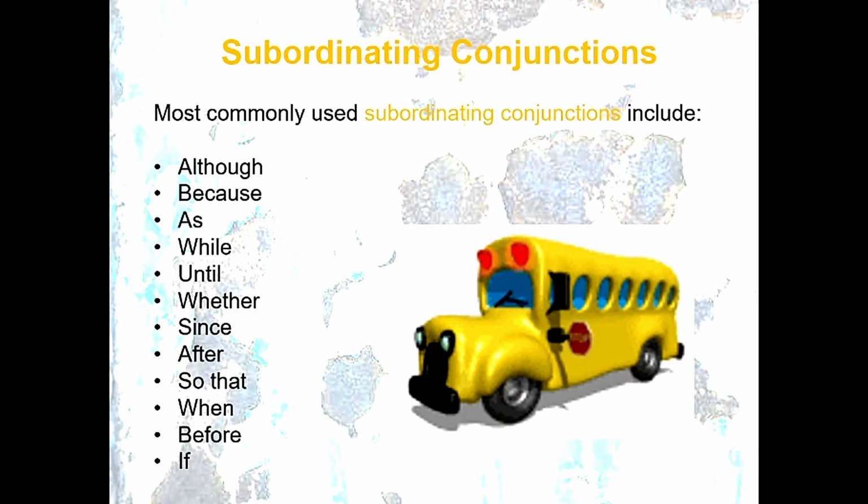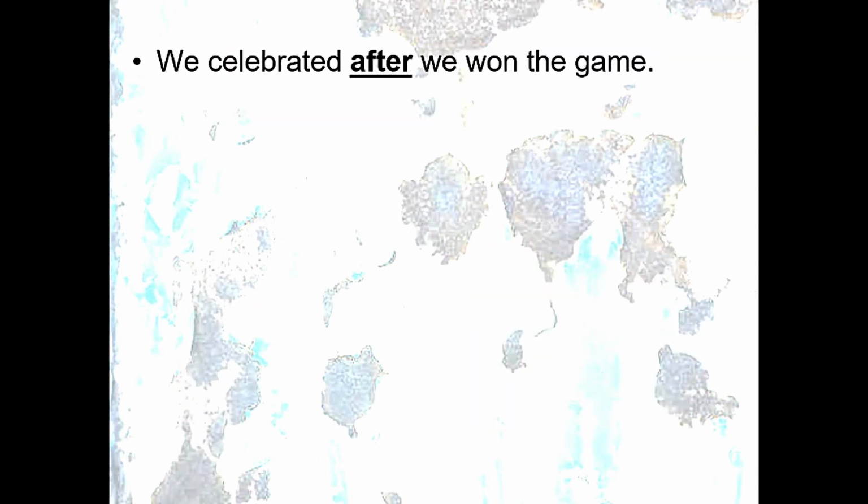Now, there are two ways to connect a dependent clause and an independent clause. Example, we celebrated after we won the game. We started with an independent clause, we celebrated, followed by our dependent clause, after we won the game. If you will begin with the dependent clause, it will be written like this.